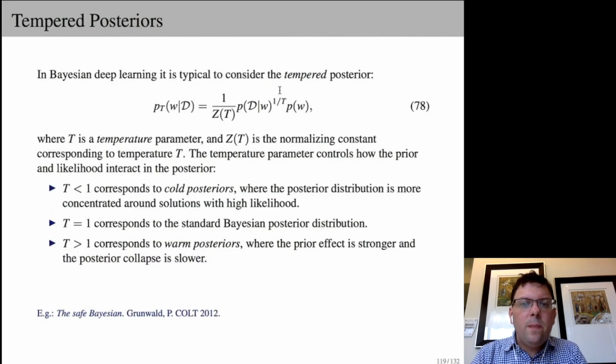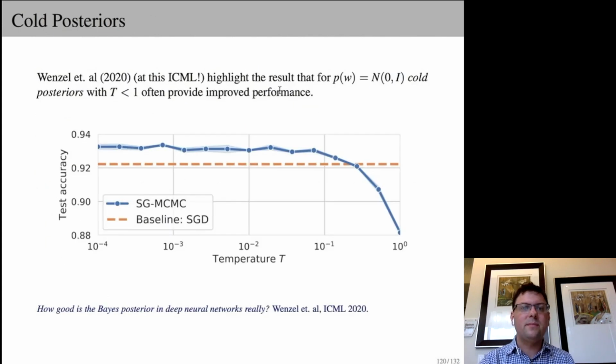Now, in Bayesian deep learning, it's typical to consider what's called a tempered posterior, where we've raised the likelihood to a power 1/T, where T is a temperature parameter. T less than 1 corresponds to a cold posterior, where the posterior is more concentrated around solutions with high likelihood. T equals 1 corresponds to the standard Bayesian posterior. T greater than 1 corresponds to warm posteriors, where the prior effect is stronger and posterior collapse is slower.